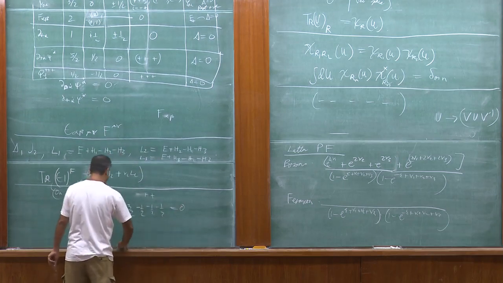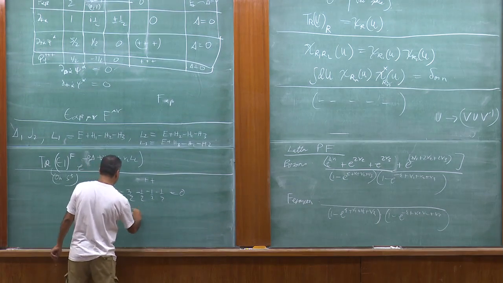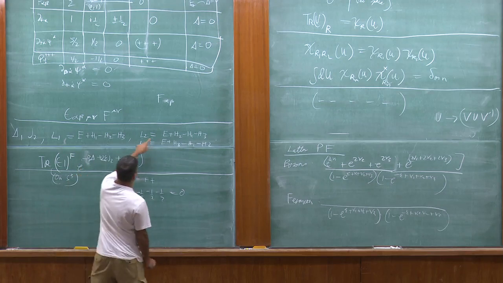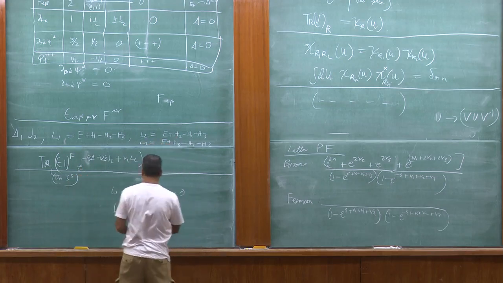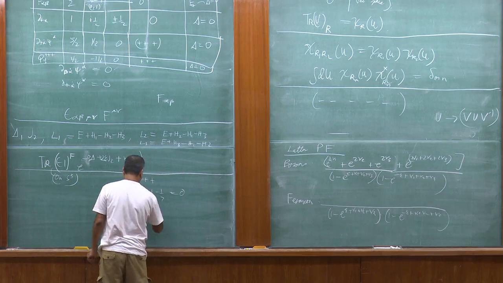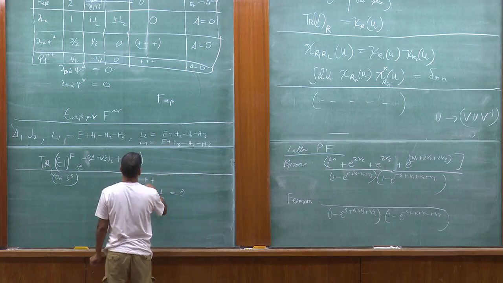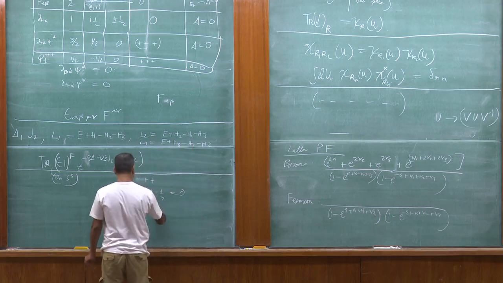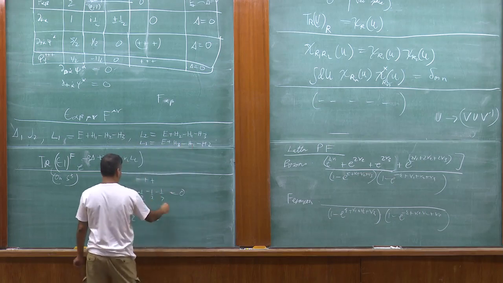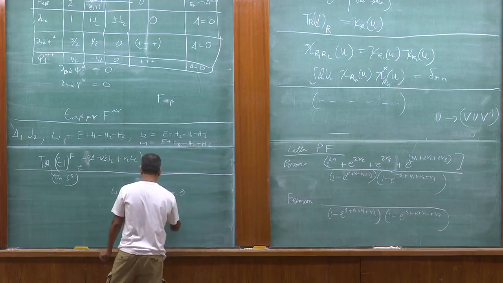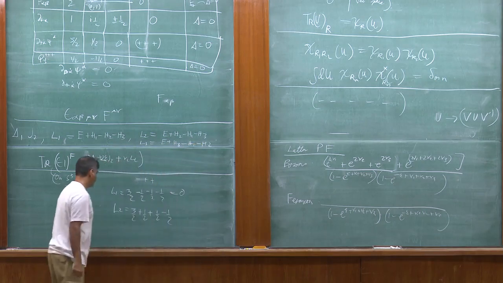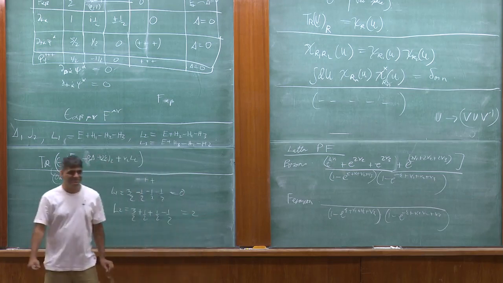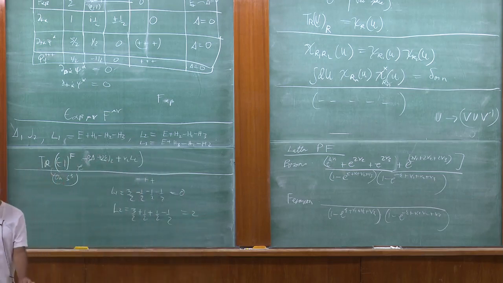But this guy has L2 equal to 3 by 2. Now for L2 we wanted plus H2, so that is plus half, minus H1, which is plus half, and then minus H3, which was minus half. So L2 is equal to 2. And similarly, L3 will be equal to 2.